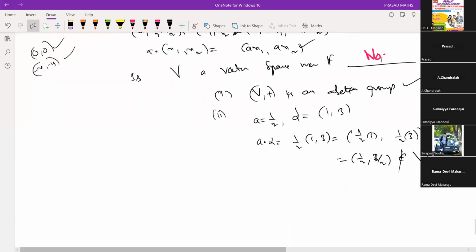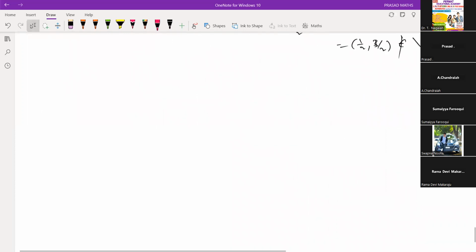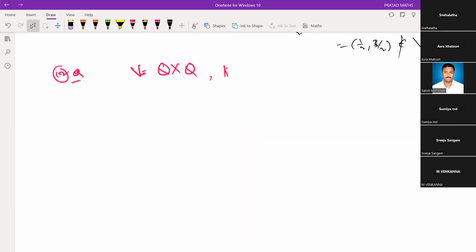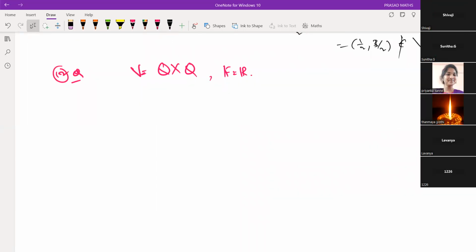Right? Suppose I take V equal to the rational numbers, and my field as the real field. Vector addition is usual, component wise.